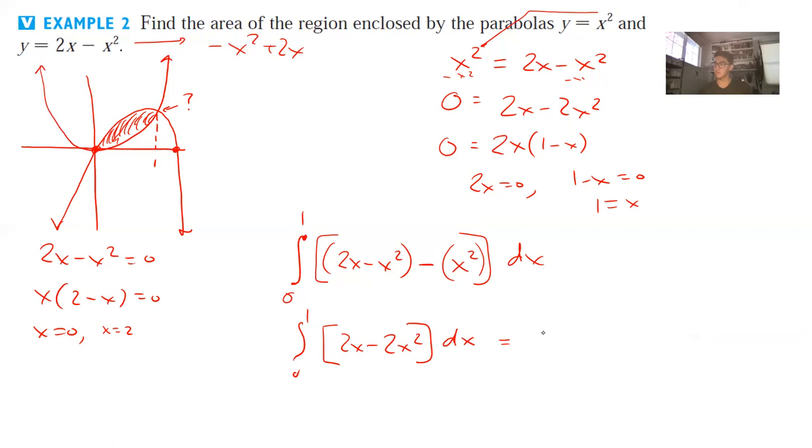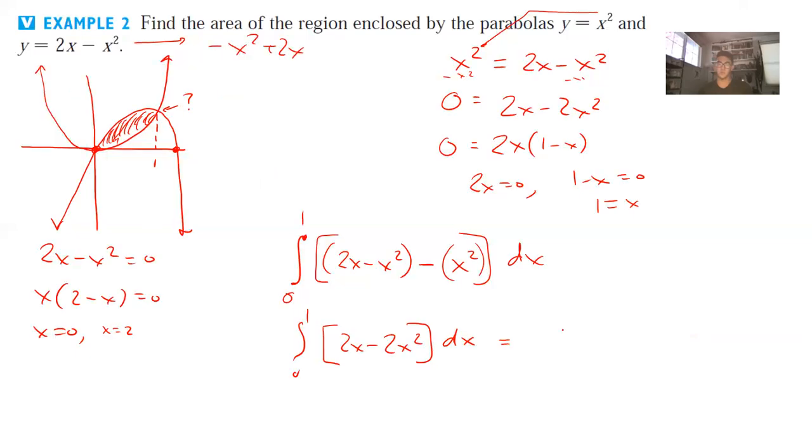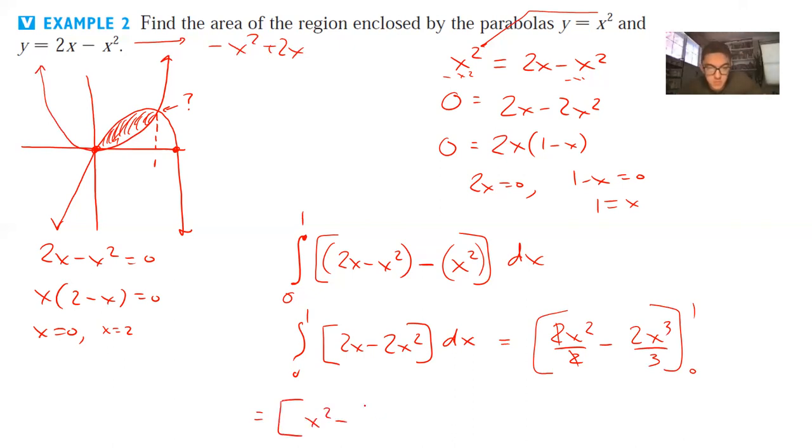Let's see, I have 2x squared over 2 minus 2x cubed over 3, going from 1 to 0. And this can be reduced, right? This little 2 and that 2 make it a little simpler. It'll just be x squared minus 2x cubed over 3 before we start putting in the values.